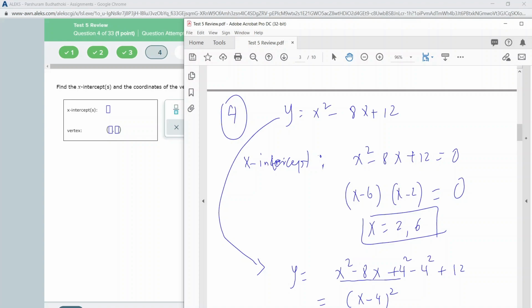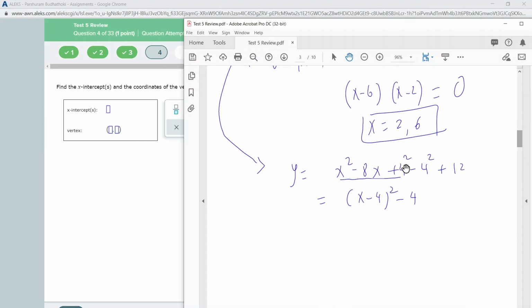And for the last 2 terms, negative 16 plus 12 is negative 4. So if you look here, you can see the vertex form y equals a times x minus h squared plus k.